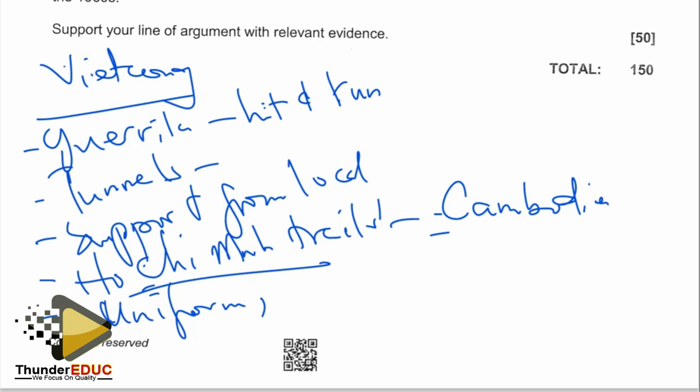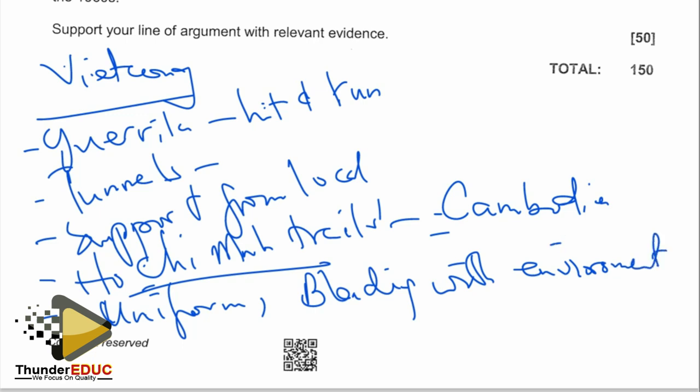And also we can argue that they were blending with the environment, which also made it difficult for the Americans to identify their enemy. And you show how these tactics assisted the Viet Cong in winning the war against America.